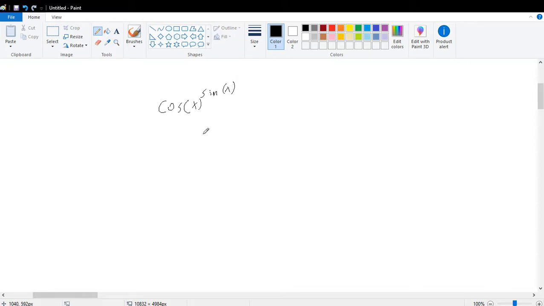Just a couple of trig functions, because those are simple enough and show what I want to show. So, finding the derivative of them, we first change this so it is e to the ln of cosine of x to the sine of x.